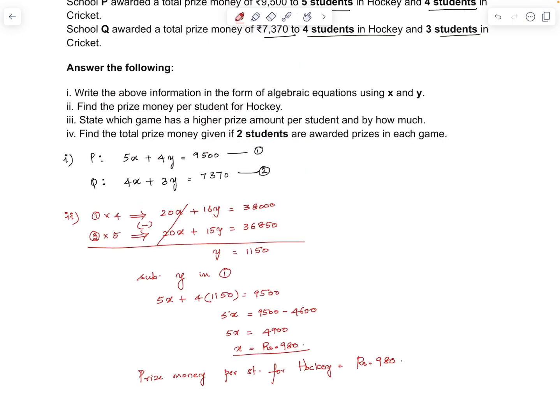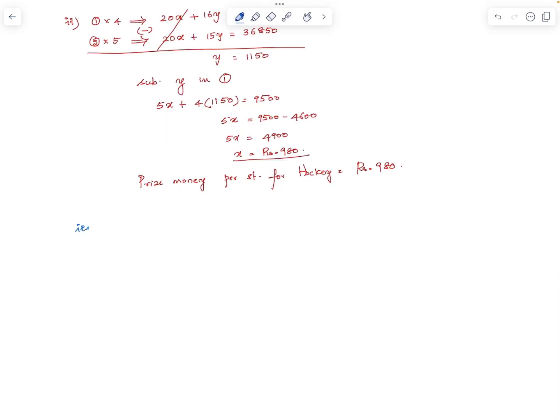Question number 3. State which game has a higher prize amount per student and by how much? Y is rupees 1150 and x is 980.